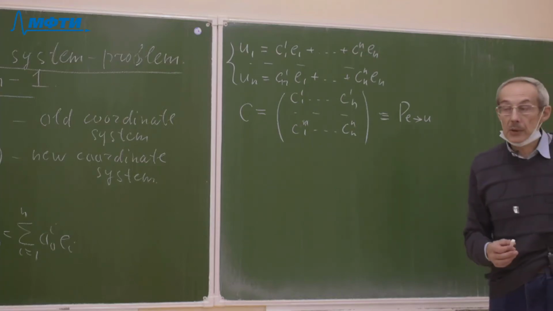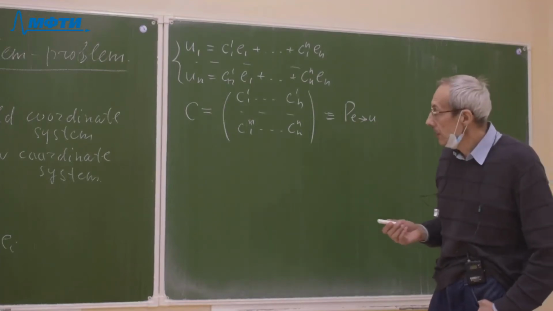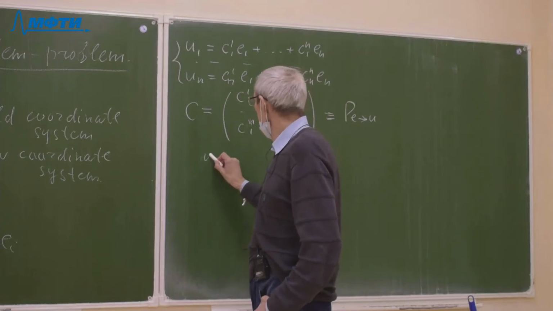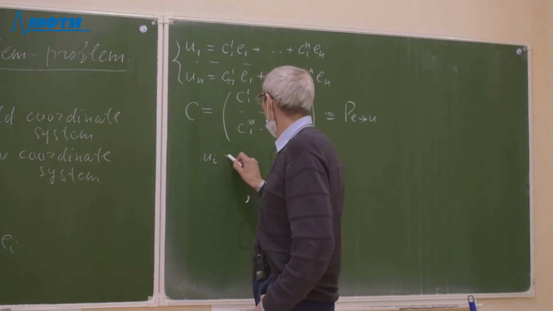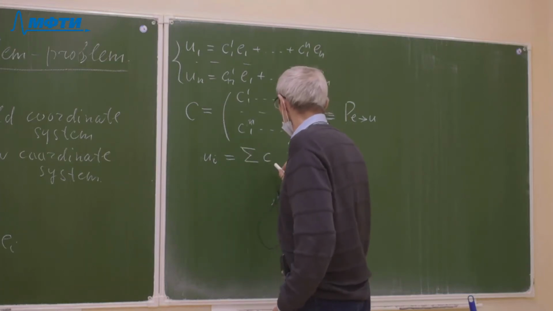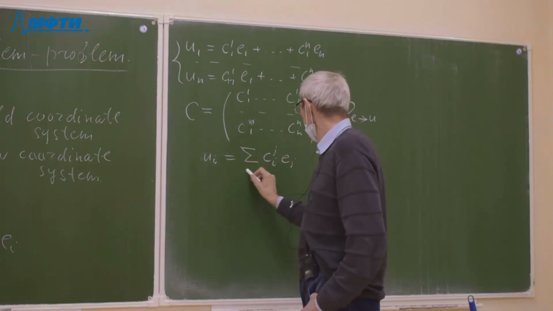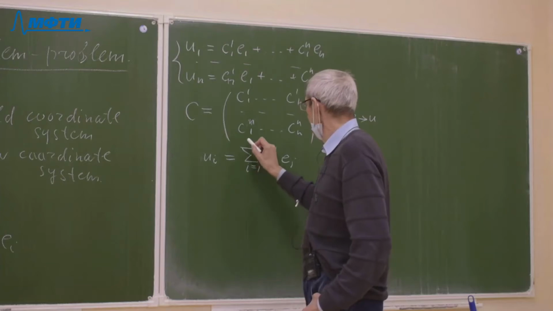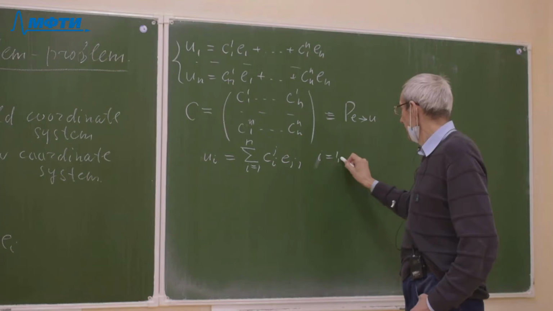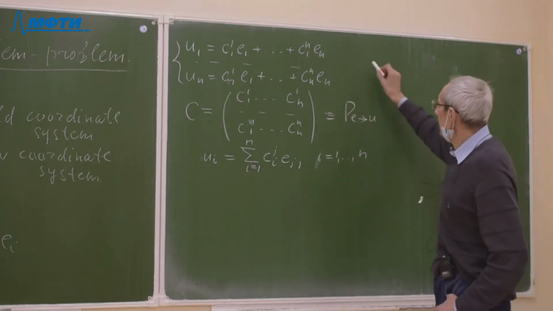We also use the following forms of recording these equalities. First of all, the short notation: uj is equal to the sum of cij ei, the short notation for the previous equality.